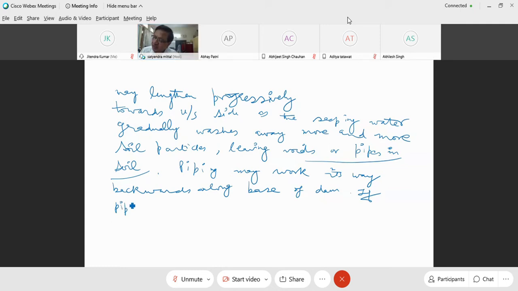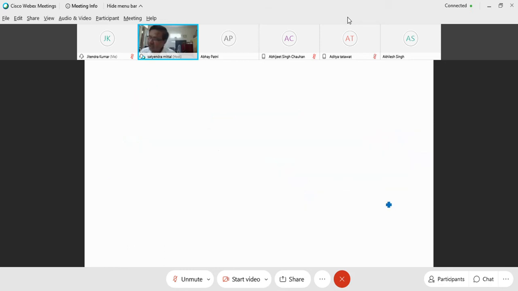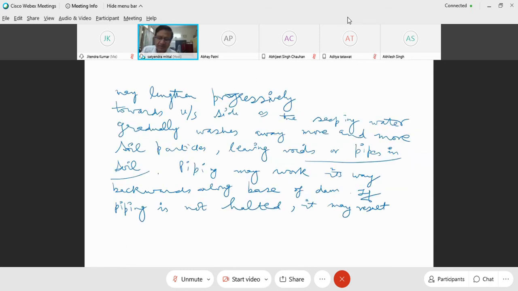If piping is not halted, it may result in catastrophic collapse of the structure.